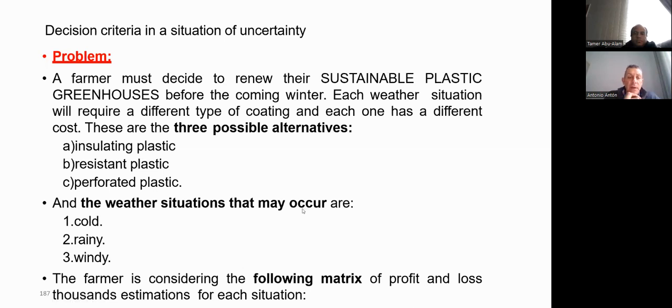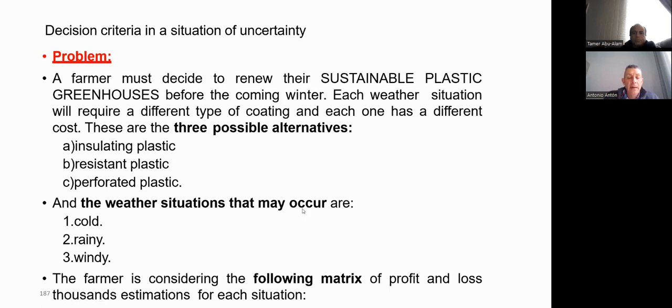There are three possible alternatives. So this farmer decided to use sustainable plastic, but there are three possible options: insulated plastic, resistant plastic, or perforated plastic.